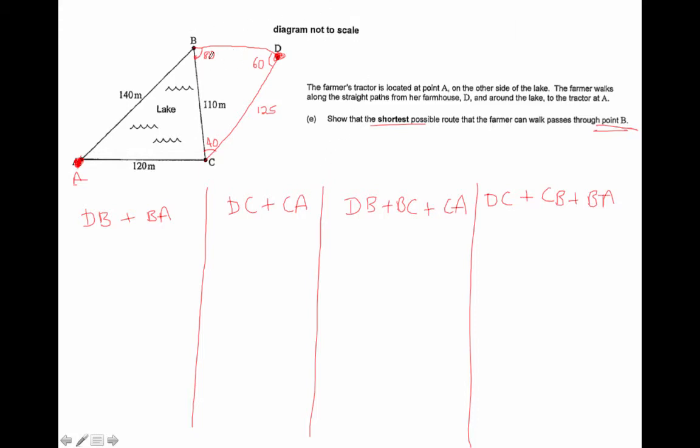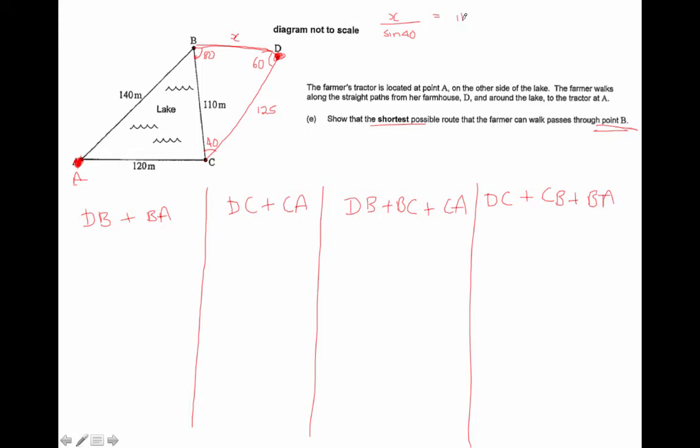Okay. In terms of the sides, we know everything apart from this one. So we should start really by finding that length. So how do we find this length up here? Well, look at the red triangle. Do we have pairs? Yes. So if we call this x, then x over sine 40, we're going to use the sine rule, is equal to another pair. You can pick either pair. It doesn't matter.